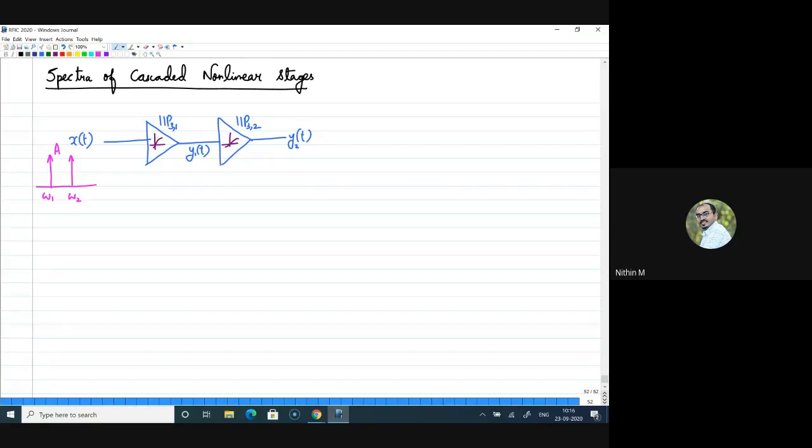Now we will only look at the first order and intermodulation terms at the output of the first stage, and the terms which are responsible for the first order and third order intermodulation terms at the output of the second stage. If this is the input at omega 1, omega 2 with amplitude A, can you tell me what terms I need to consider at the output of the first stage?